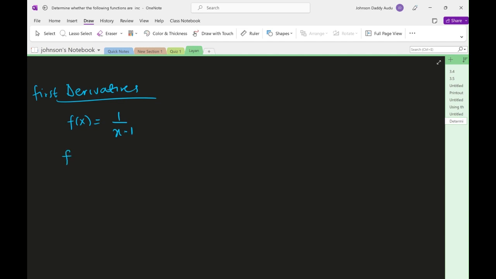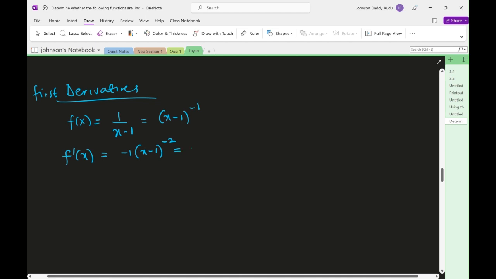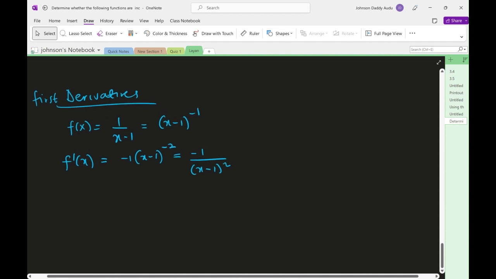This is the function, which you can find the derivative of. You can write it as x minus 1 to the power minus 1. So for the derivative, the minus 1 will come down, you have x minus 1, and the power becomes minus 2. So this is minus (x minus 1) squared in the denominator. So this is the derivative here.